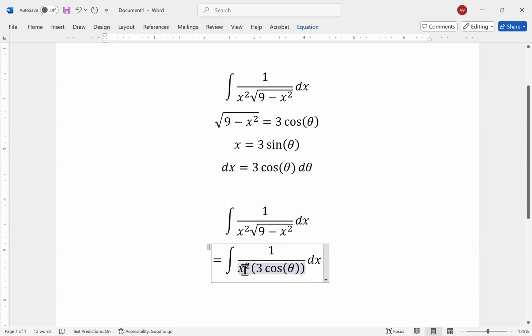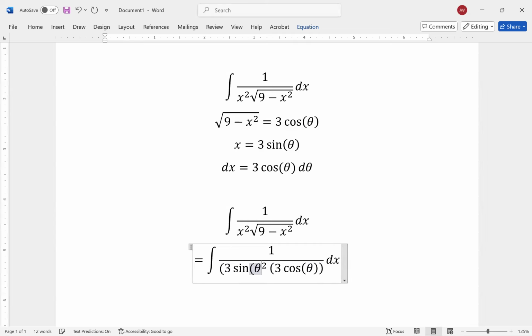This x squared turns into 3 sine of theta quantity squared. So replace the x with a 3 times sine of theta, quantity squared. And then the dx will turn into a 3 cosine theta d theta.